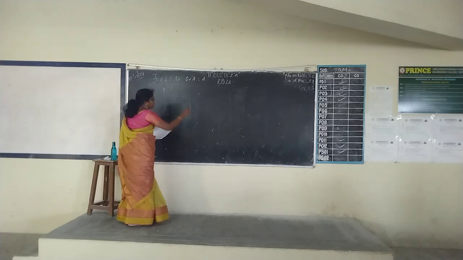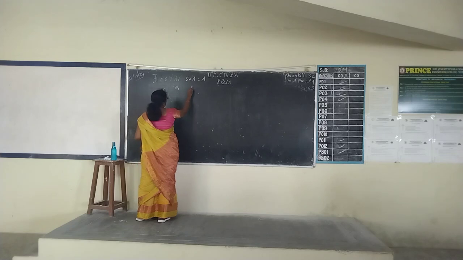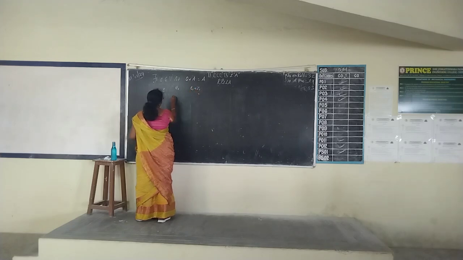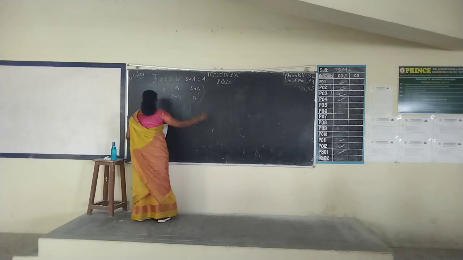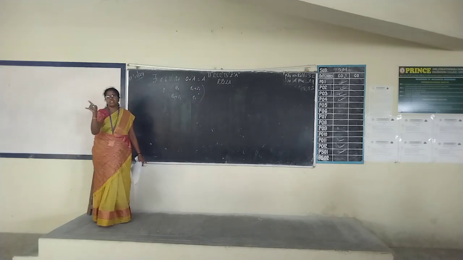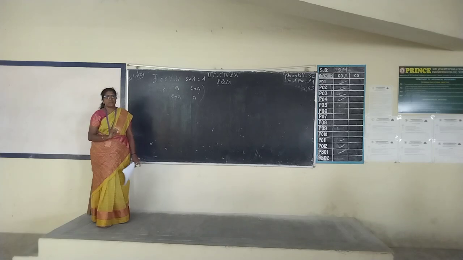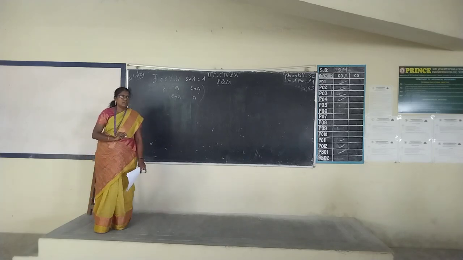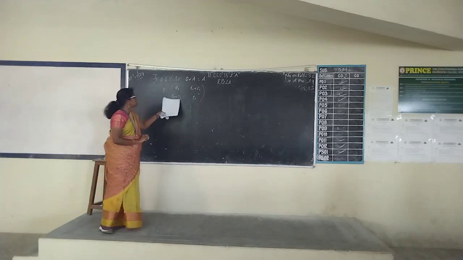Let 0 equal to E1 plus Z1, E1 plus Z1, E1. We assume it to be a general array form. A plus B, A plus B, A. So now we have to substitute this in this condition.